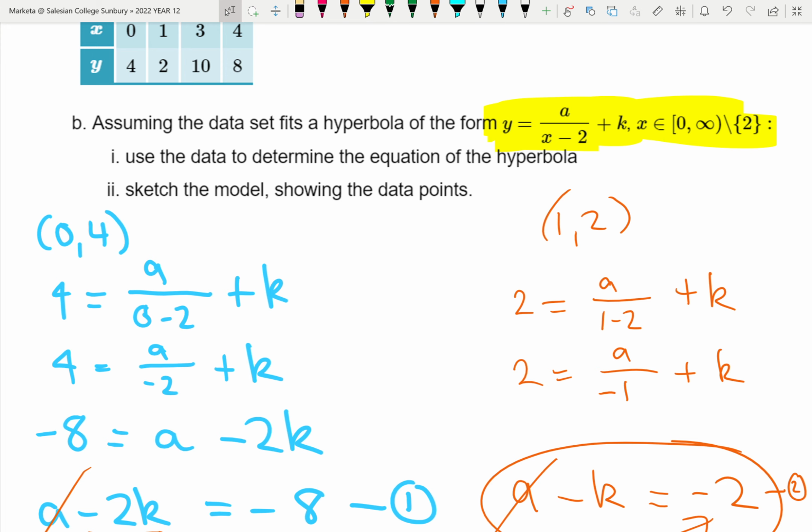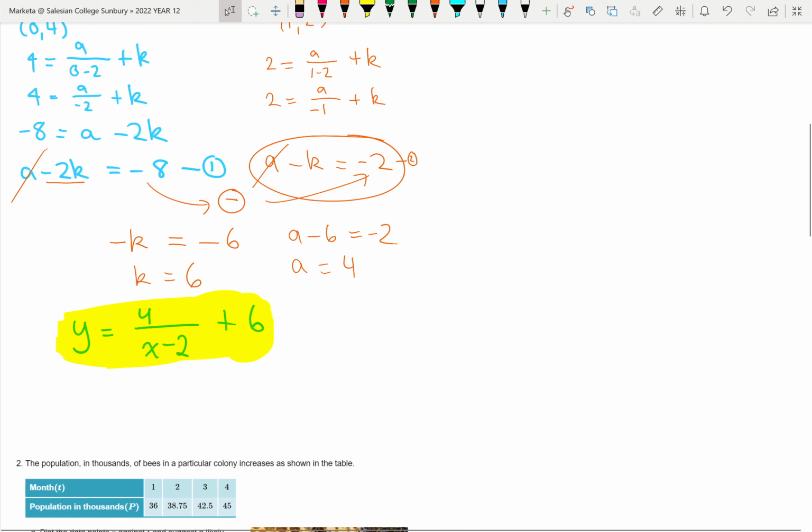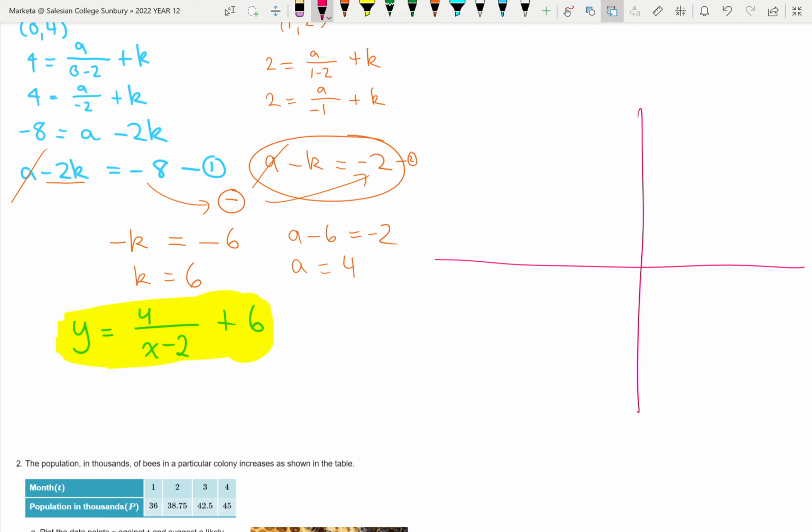Now they want us to sketch it showing the data points. So let's do that. I'm just going to make that a bit smaller and put it over here. Okay, so let's have a look.